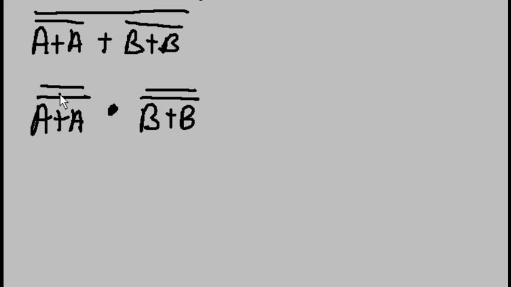So now we have A or A double knotted, and a double knot is going to disappear. So now we have A or A, and I'm going to AND that with B or B not not, and two double negatives disappear, so that's B or B.